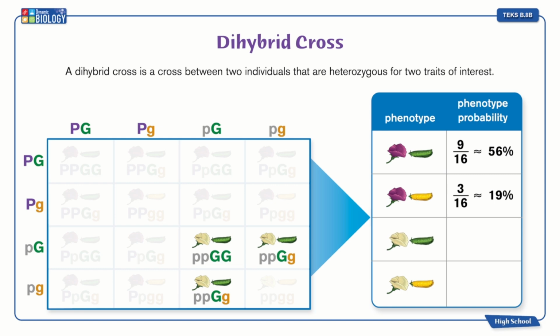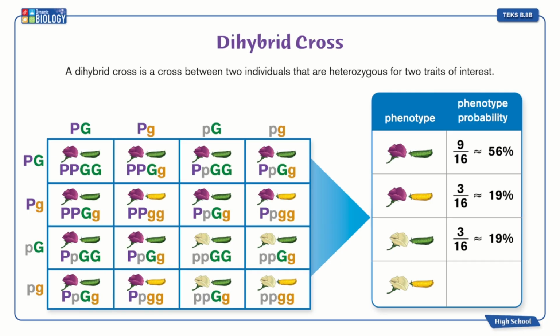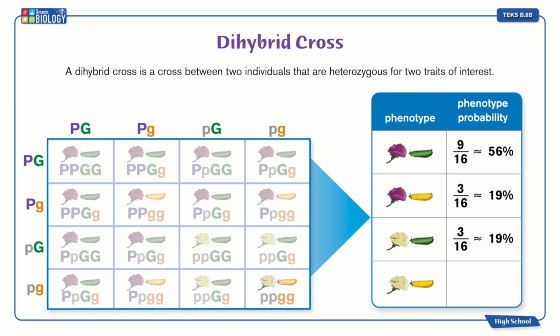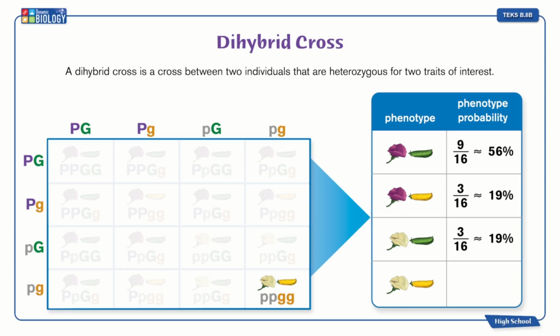So, there is a 3 out of 16 chance that an offspring will have white flowers with green pods. Lastly, there is only one allele combination that produces white flowers with yellow pods. So, there is a 1 out of 16 chance, or about a 6% chance, that an offspring will have white flowers with yellow pods.